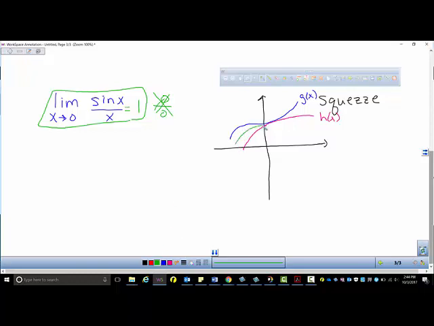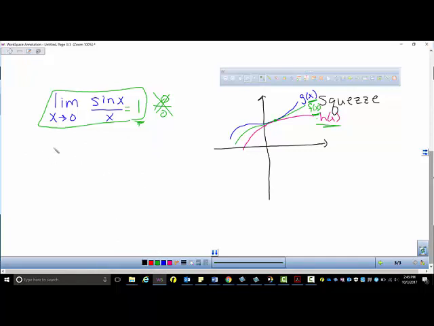If my third function looks like this, I know at this point that my h has an answer, and my g has an answer, so therefore my f has to have an answer. And we can prove that the limit as x approaches 0 of sine of x over x equals 1 with a proof, which I'm not going to do in a video for you, but we can prove it. But we do need to know it because it's something that we use.